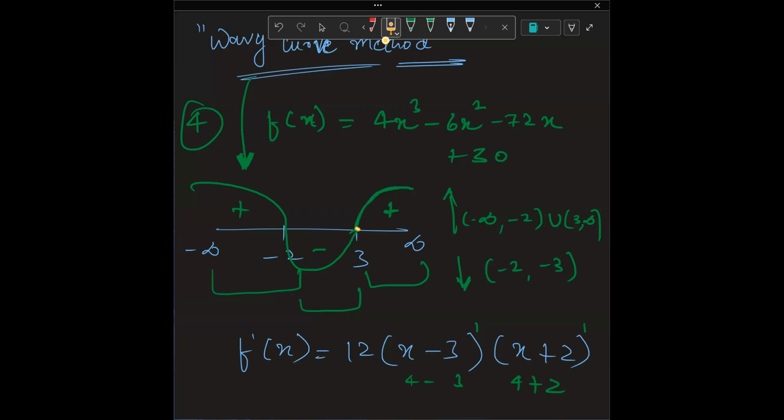I'm asking, anyone's answer can be right. Just remember that it depends on the domain you are asking about. If it's -infinity to +infinity, then it's only increasing. Okay, let's say 3 to infinity. It's strictly increasing. What's your answer? Strictly increasing, sir.